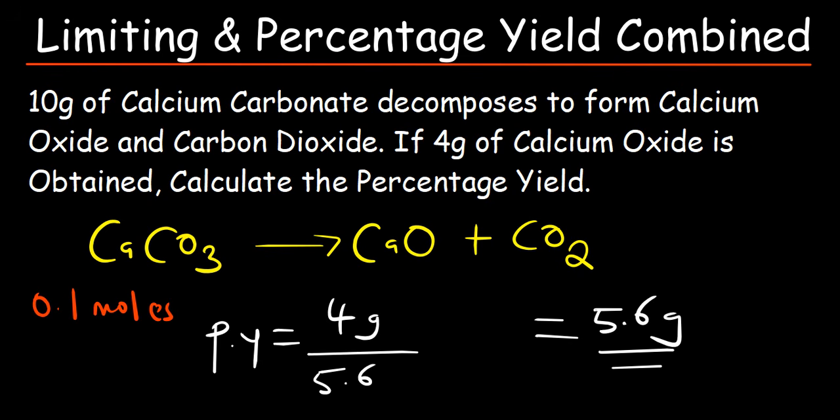This will be times 100. Then I solve this, I'm getting 71.4%. So that is what is going to be our percentage yield. And this is about the limiting and the percentage yield.